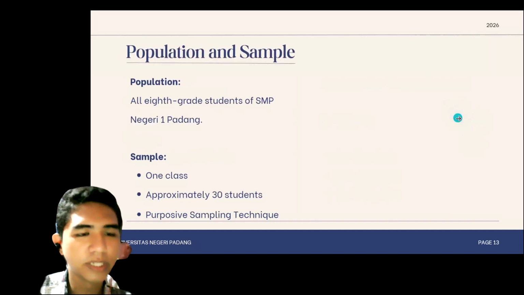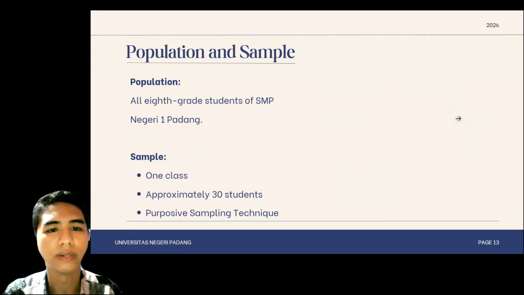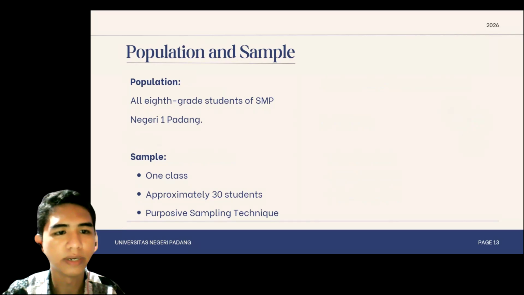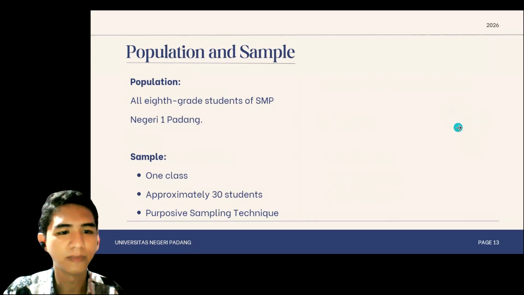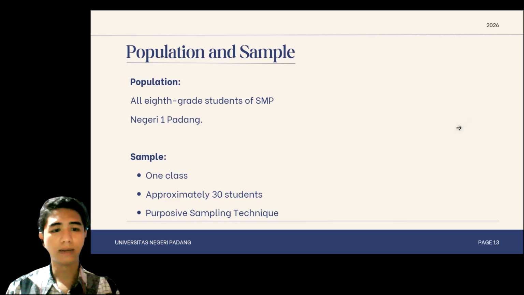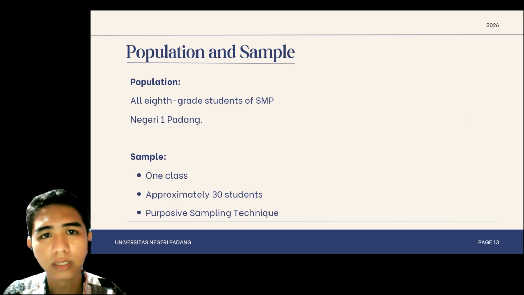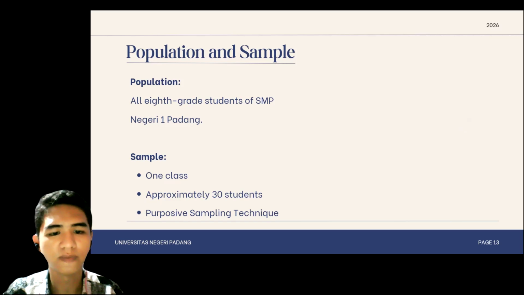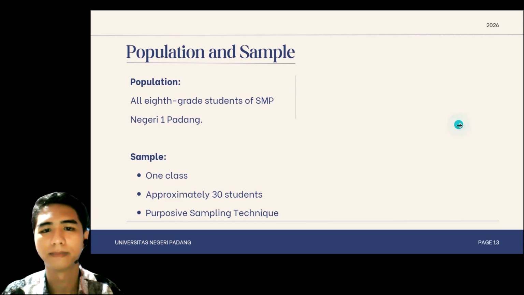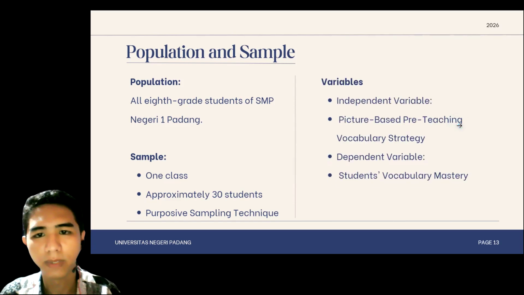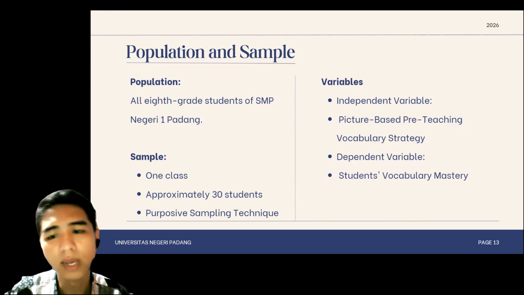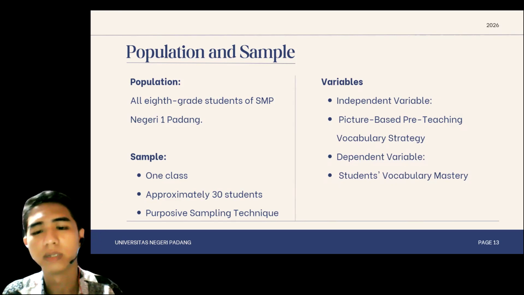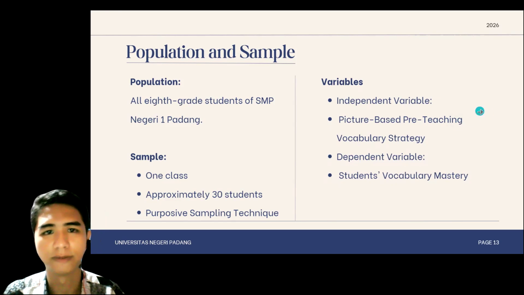The population is all 8th grade students of SMP Negeri 1 Padang. The sample is one class, approximately 30 students, using a purposive sampling technique. The independent variable is the picture-based pre-teaching vocabulary strategy, and the dependent variable is students' vocabulary mastery.